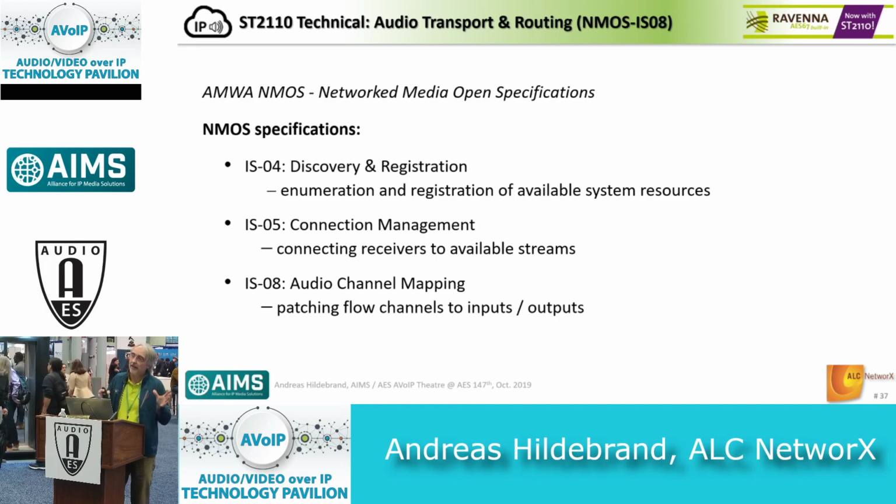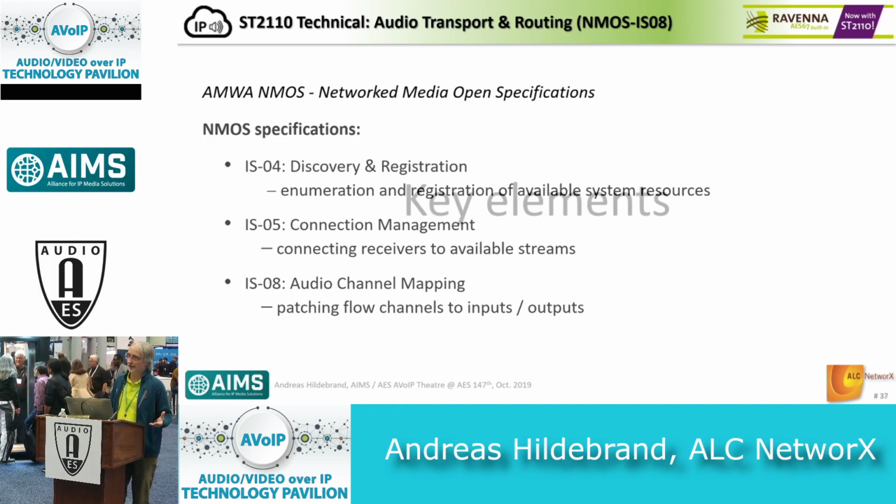By just connecting a stream, we don't know what to do with the audio content inside the stream. A stream may have 2 channels, 3 channels, 8 channels, but how do we connect these channels to physical I/Os on a particular device? That's not covered by IS-05. That is covered by IS-08. So all these three specifications go hand in hand when it comes to making connections.